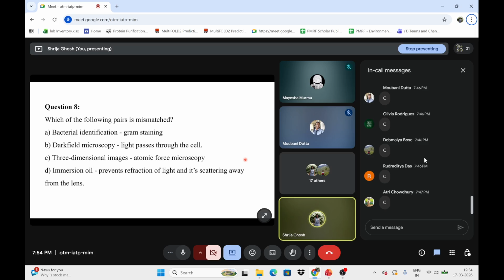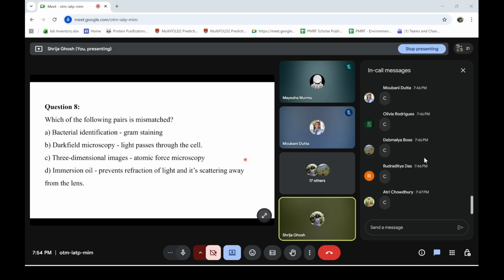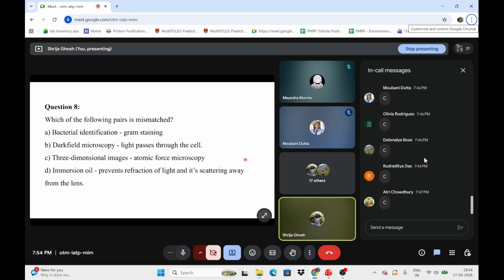Which of the following pairs is mismatched? Write your answers in the chat box. All of you write your answers.